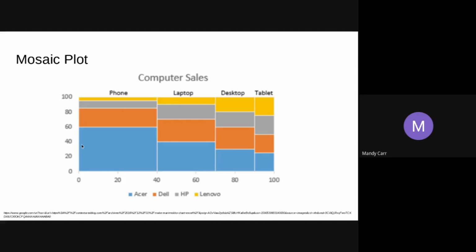But if you notice and compare the width of this column to the width of the other columns, you notice that the width of the phone column is a lot larger. So what that means is that there were more phones sold than laptops, desktops, or tablets. Okay? Now, if you look at the size of these columns again, which one sold the least?